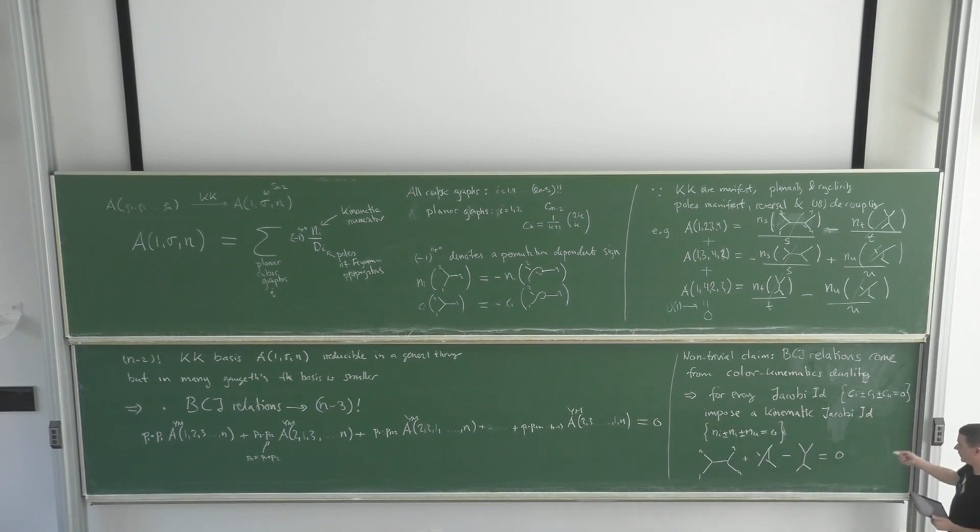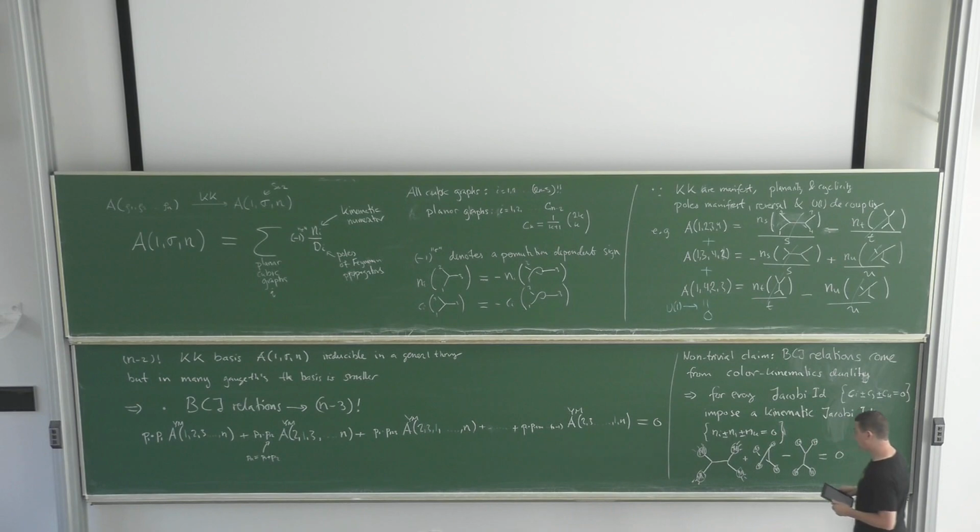This is not a 4-point identity, because it could be embedded in some larger graphs, so I put a blob here indicating that there could be many legs hidden. So this is a graph identity where you might have many legs.